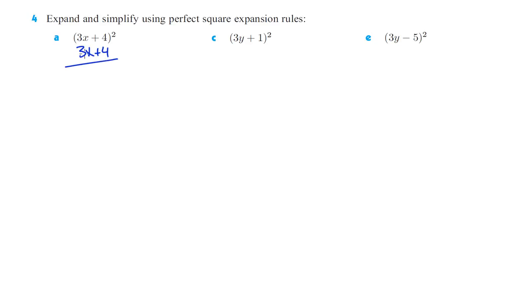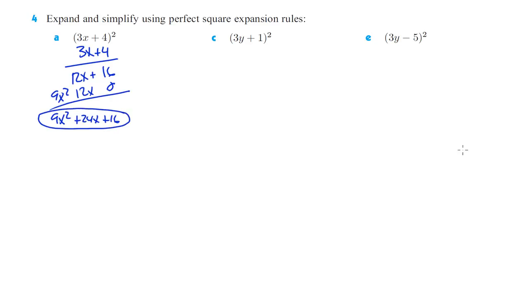But I'm just going to keep multiplying them out like this. Okay, 4 times 4 is 16. 4 times 3x is 12x. And then 3x times 4 is 12x, and then 3x times 3x is 9x squared. Okay, add those. Gosh, that's super crooked, sorry. 9x squared plus 24x plus 16. Don't know how that got so crooked.